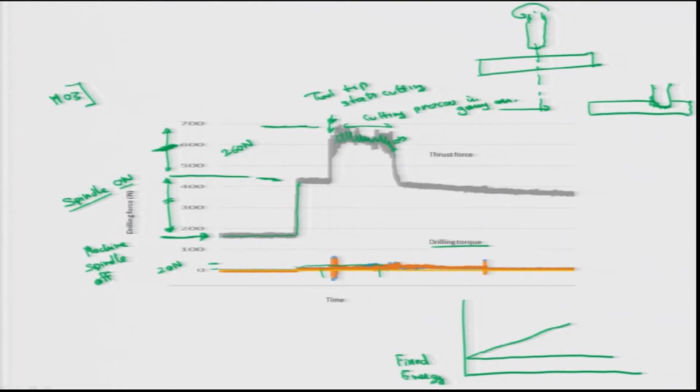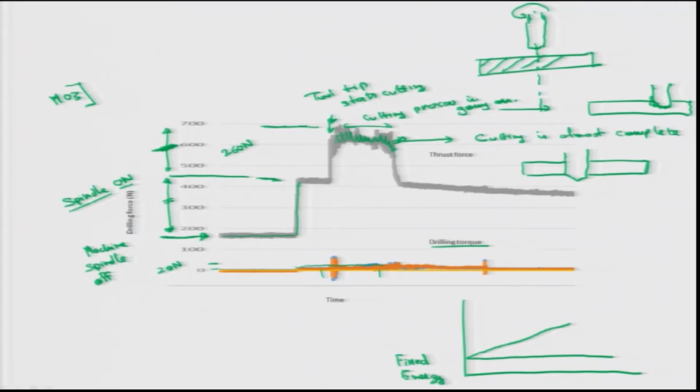At this point the cutting is almost complete. My drill is like this, and the through hole is made here.